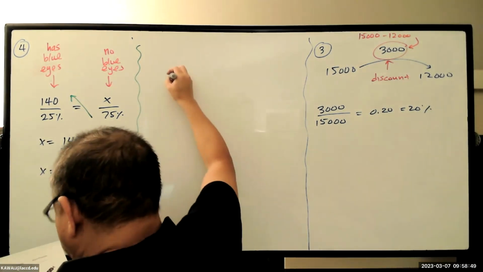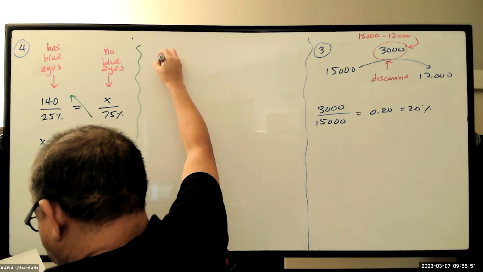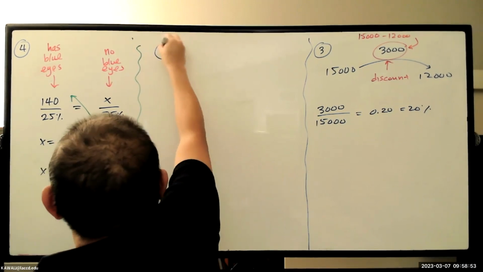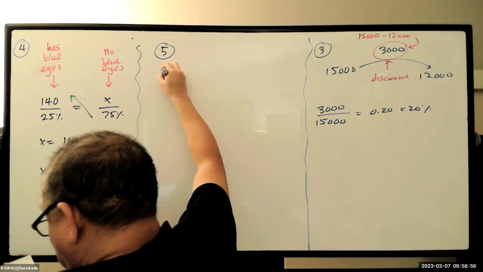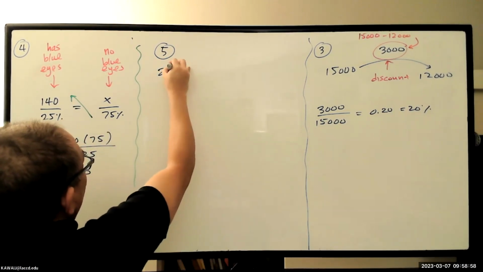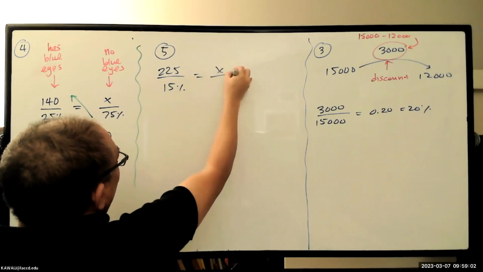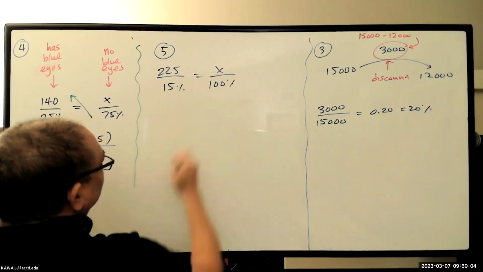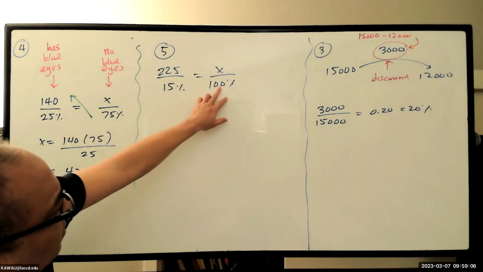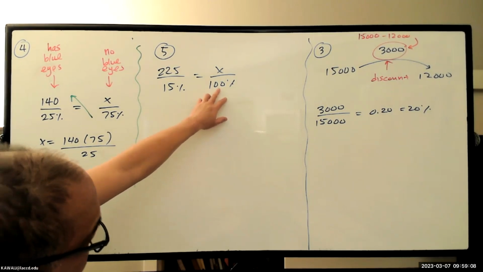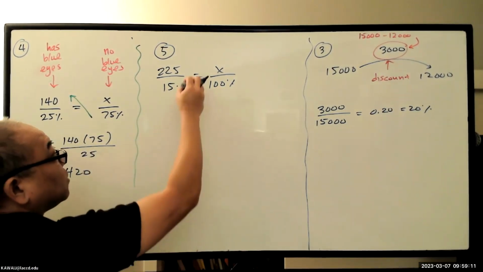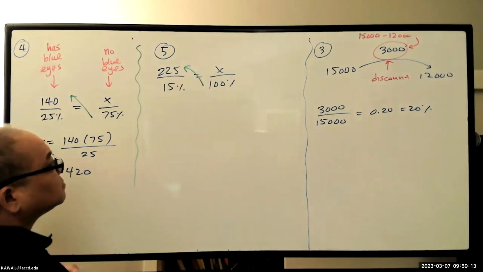Okay, so for number 5, we have 225 students that are blonde, and we want to know how many total students there are. And whenever we do total, that's always going to be 100%. Total or original.